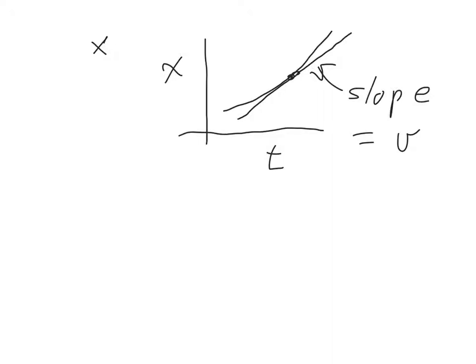The slope indicates how fast position is changing with time. Mathematically, we write v equals dx/dt, the derivative of x with respect to time.